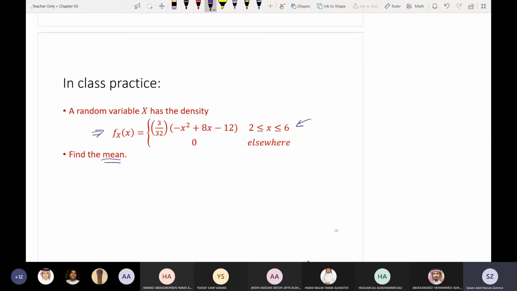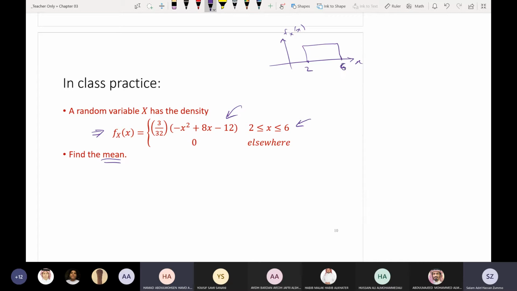You assumed here this is 2, this is 4, this is fX of x. You assume that this is equally likely from 2 to 4. Does this function look like this to you? No. How did you say it's 4? So it's up to 6, I mean.